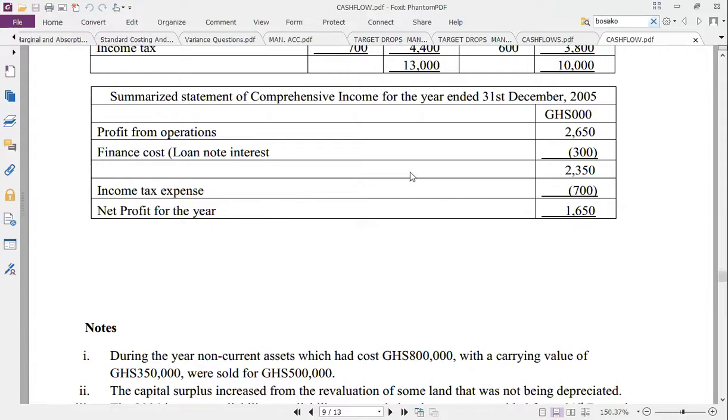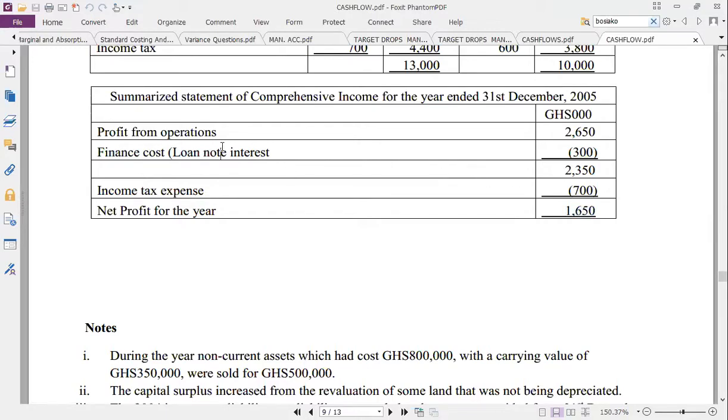The examiner is fully aware that you've done comprehensive income, and you know that right after finance costs, any profit which is there is profit before tax. Or you can just pick the profit after tax and add back the tax. You get profit before tax. Great. So that is it.